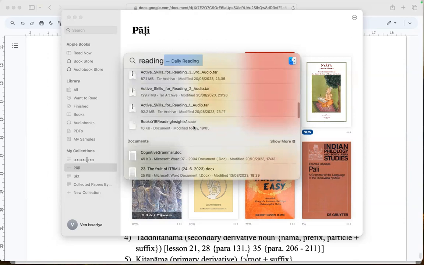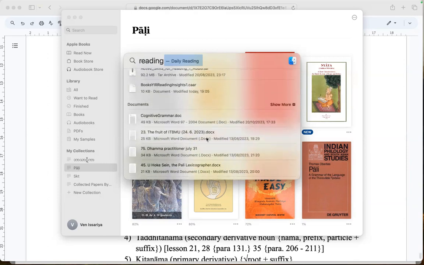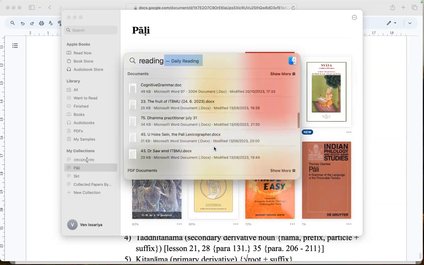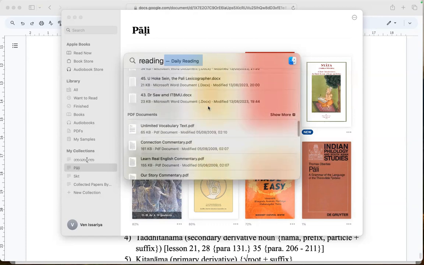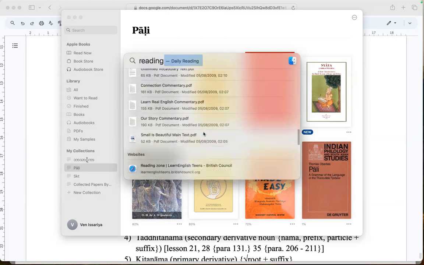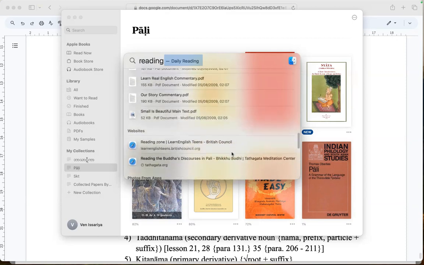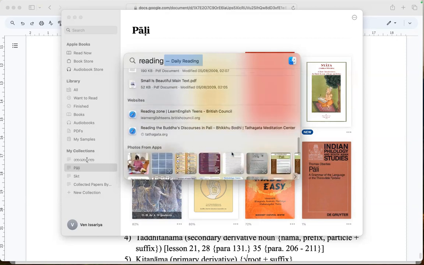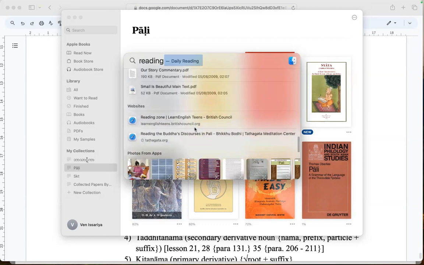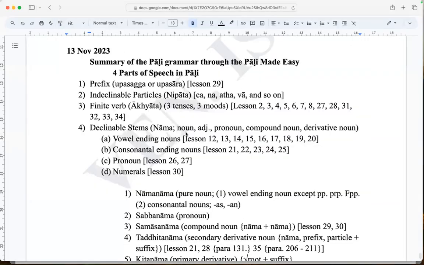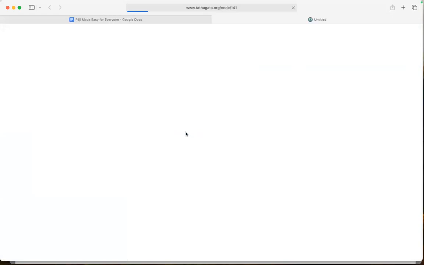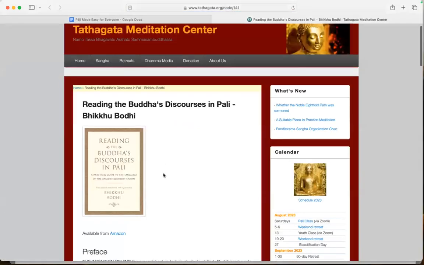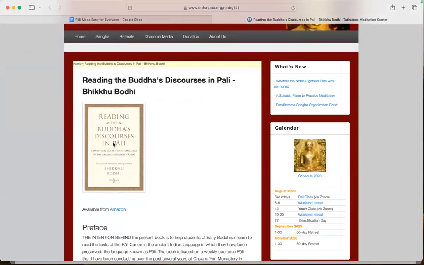Actually, I already have, but while I'm teaching you, maybe after we finish these 3 suttas, we should go to that one. That one also will help us to read. This one, Reading the Buddha's Discourses in Pali.